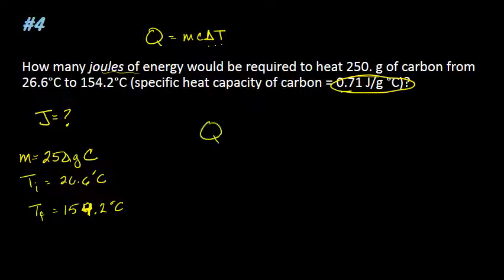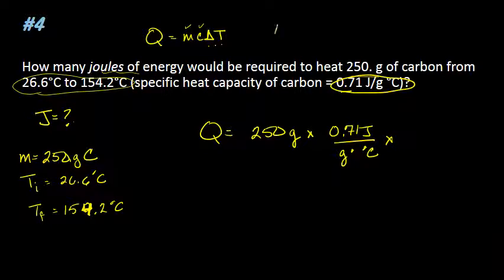So Q equals, well, Q is what we're after because that's in terms of joules, is equal to mass. We have the mass of 250 grams times C. We have C is 0.71 joules per grams times degrees Celsius times our change in temperature. Well, delta T is equal to the final minus the initial temperature. And I'm just going to go ahead and solve for that right now.